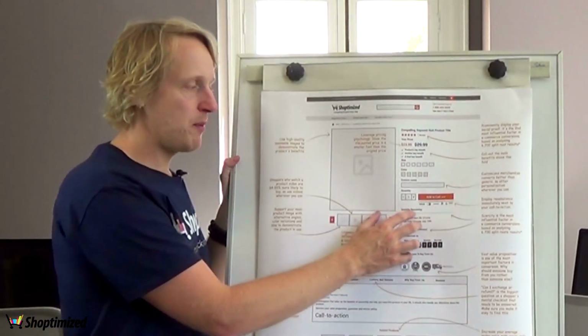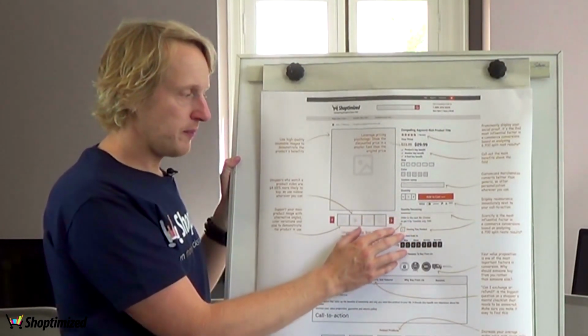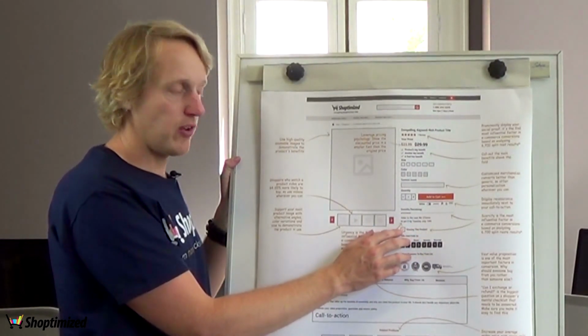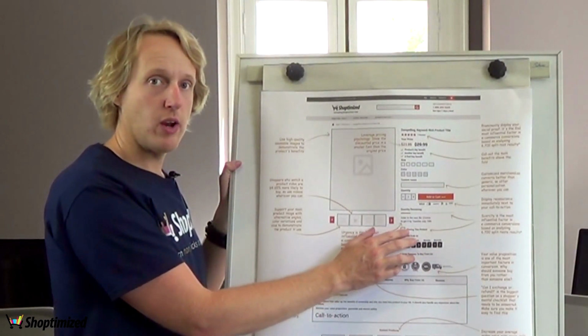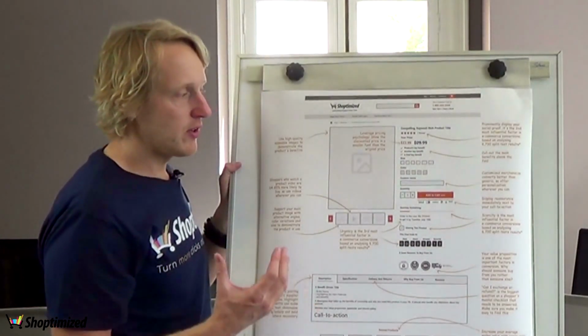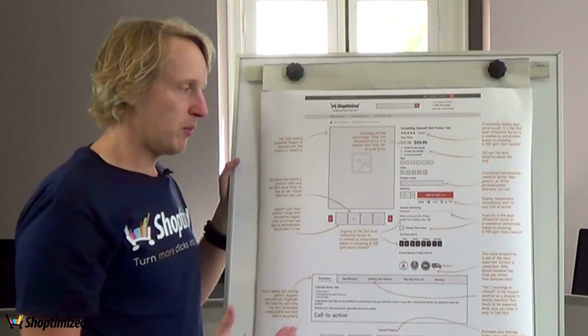So show how much stock you've got remaining. Really easy to do, okay? And what you also could do is show a counter of how many people are viewing the product right now. So it gives that sense of, oh, someone else might buy this before me, okay? So if you can introduce that element of scarcity, then you're going to be onto a winner.